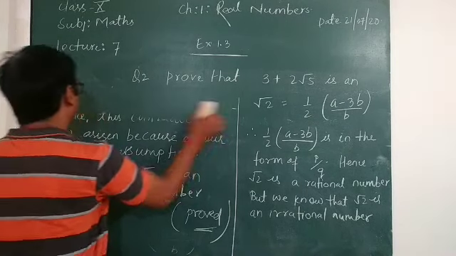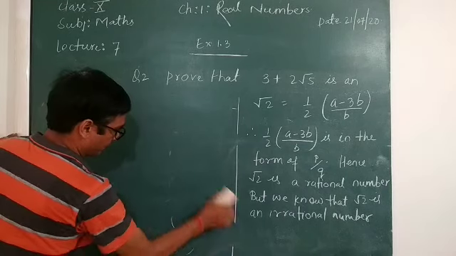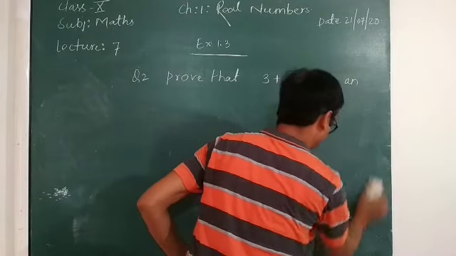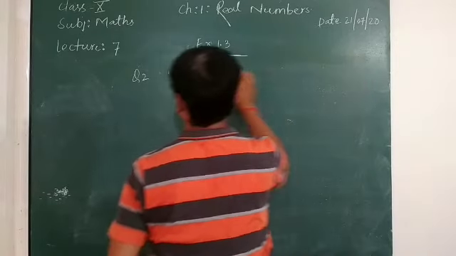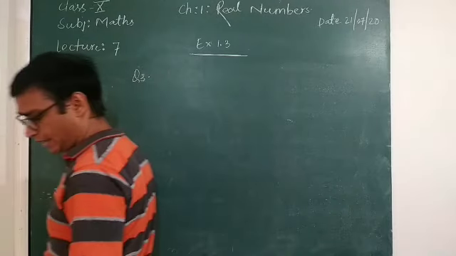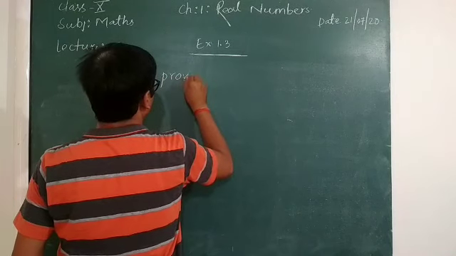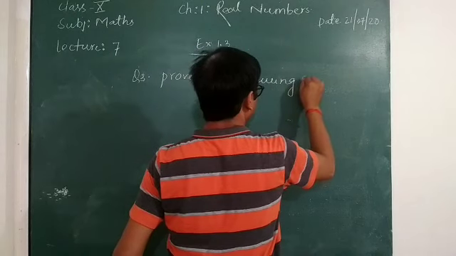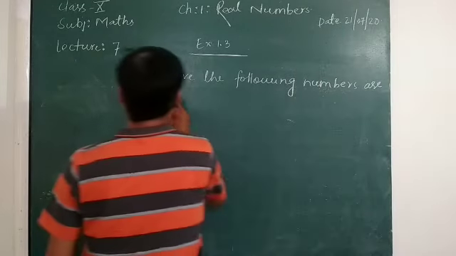Let's take question number 3: prove the following numbers are irrational.